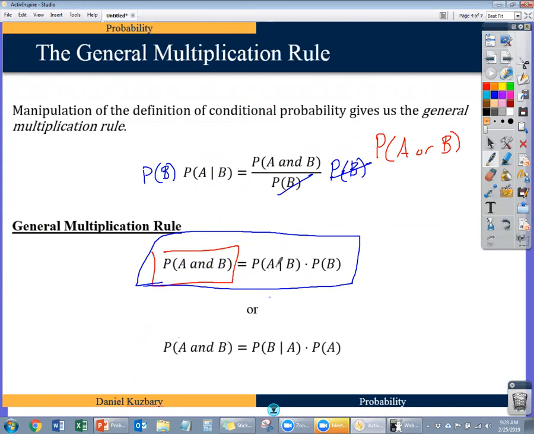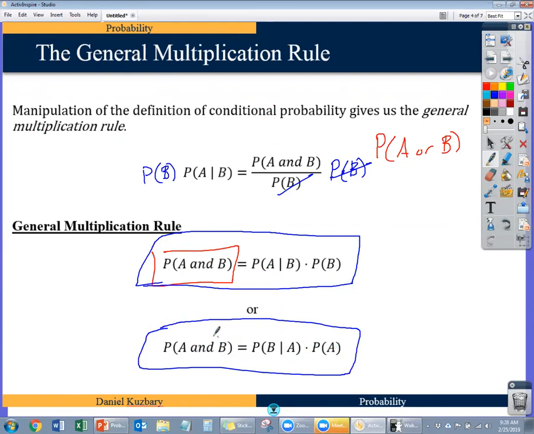So we could switch the ideas here and say the probability that A and B happen at the same time is equal to the probability that B happens given A times the probability of A. So this is also the general multiplication rule. And you can find the joint probability, the chance they both happen, using it this way or this way. And sometimes you just pick one depending on which probabilities are easy to find.